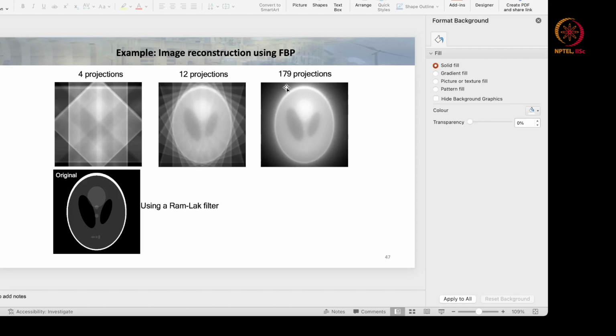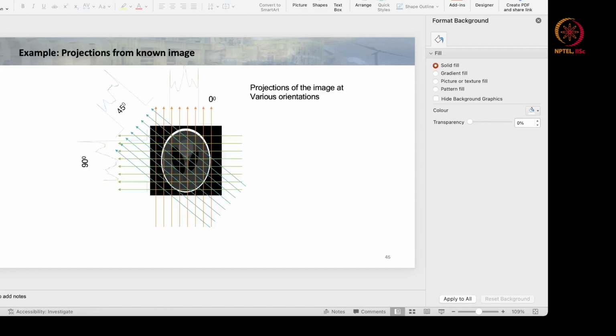This is 179 projections, which is quite a lot. If you use a Ram-Lak filter, then you almost reconstruct the whole thing. So as you can see, the higher the number of projections, the better it is, but there is incidental blurring and loss of image. If you use a Ram-Lak filter, you can get an image which is pretty much of the same quality. This is what is exactly done.